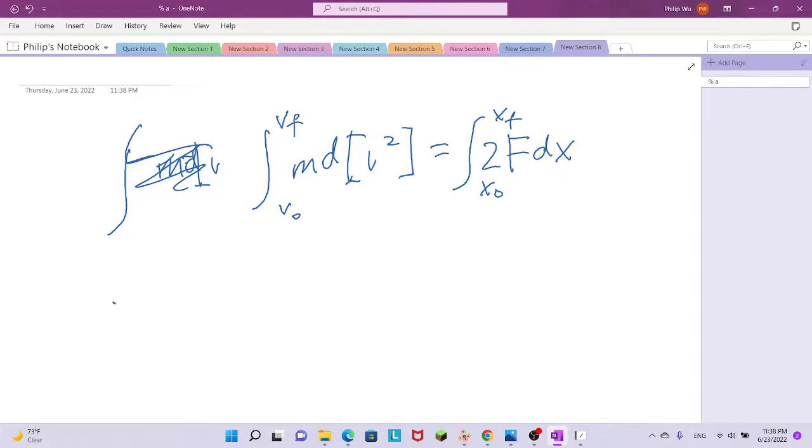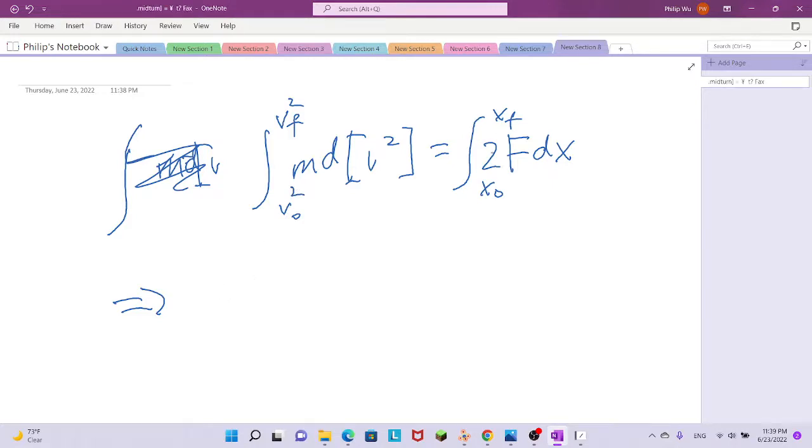And we get, canceling out this integral over velocity and this velocity differential, oh, this is wrong, sorry about that. It should be squared.